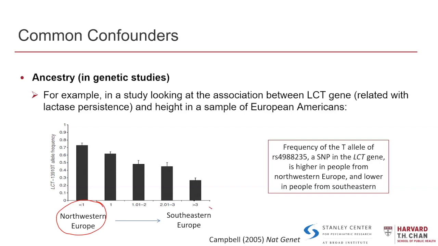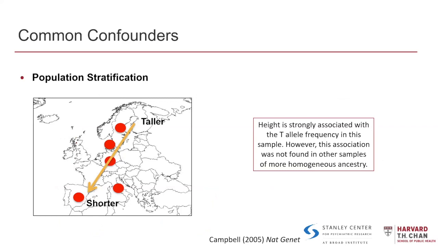You can see that it is lower in those from Southeastern Europe, but higher in those from Northwestern Europe. This is a specific gene, and they found that height is also associated with this specific T allele in this sample. However, this association was not found in other studies.